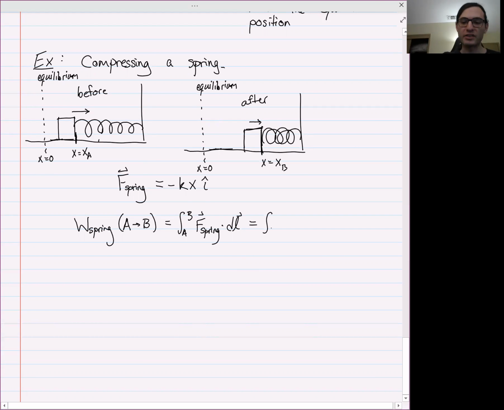So we would write that this is an integral from A to B of minus kx in the i hat direction, dotted into dl in the i hat direction. It's moving from left to right. But what is dl here? Well, along the path, we can choose a coordinate so that dl is just equal to dx. That's a totally fair thing to do, as long as we change the limit B into the position b.